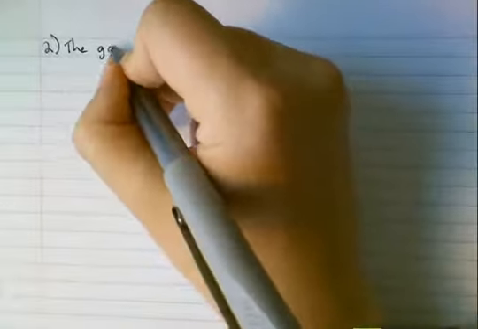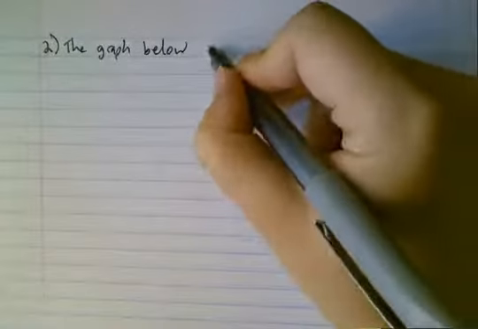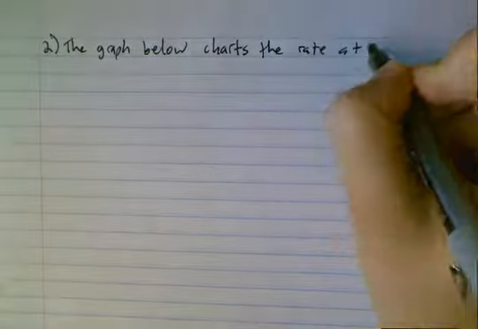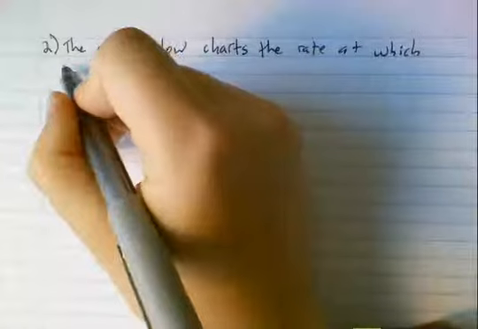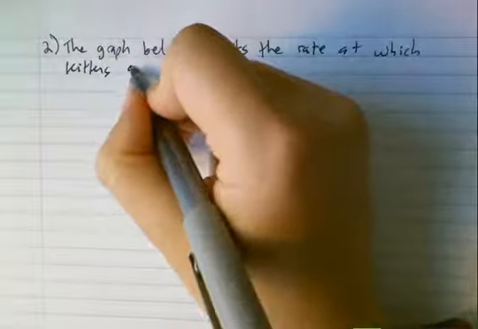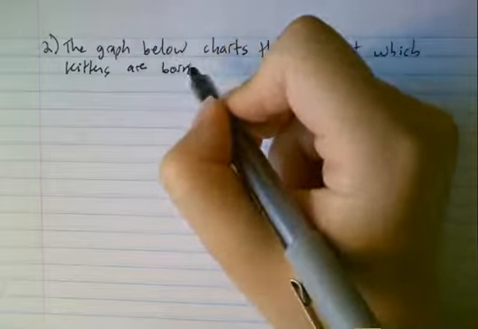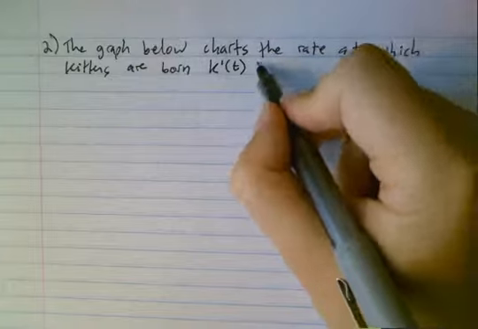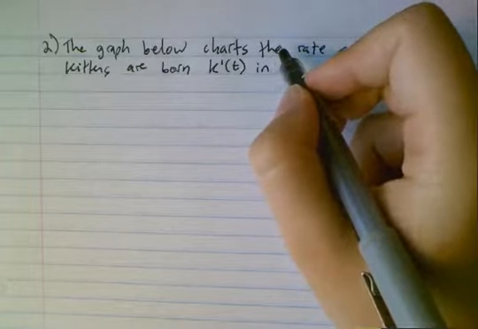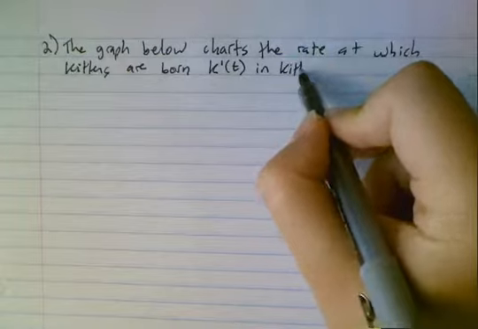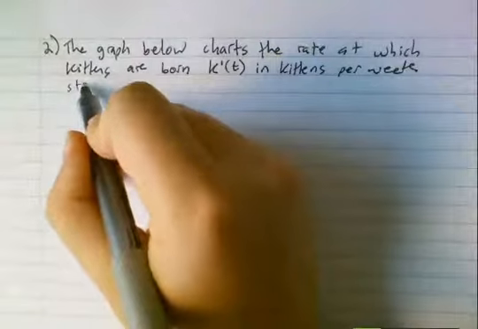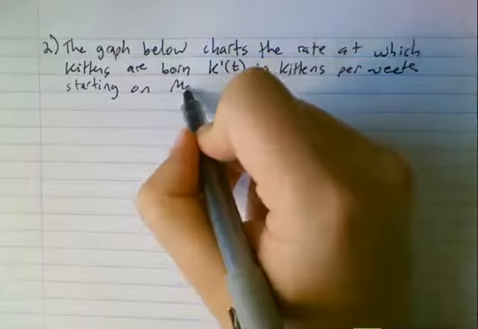We can also be asked to find accumulation from a graph. The graph below charts the rate at which kittens are born, call that K prime of t, in kittens per week, starting on March 1st.